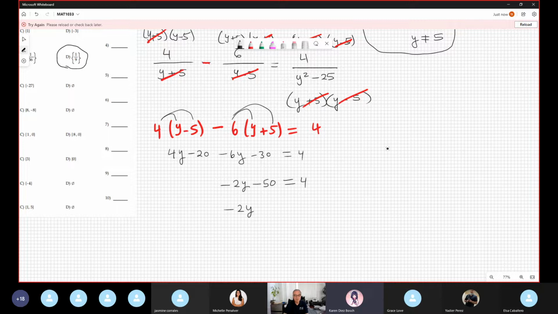Negative 2y is equal to 4 plus 50, which is 54. Divided by negative 2 both sides. By negative 2, sorry, y is equal, my positive divided by negative is negative 28, no? 54 divided by 2. I put it in a calculator just in case to verify. Okay, guys, in your homework and your test, you are double checking with the calculator, no?